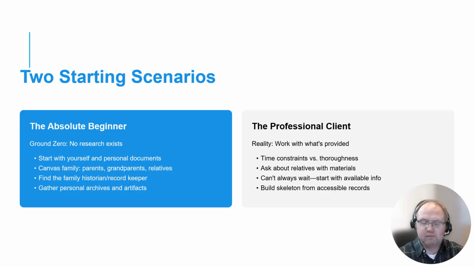And the big thing is you should try to find your family historian in the group. Every family group probably has that person, and usually it's an elder, but not always. There's always the person that you ask, like, hey, who has all the genealogy or the family history in the family? Who's the expert? Because there's usually one person.